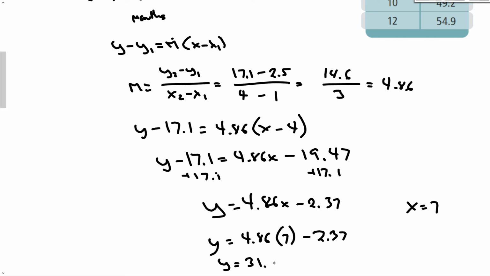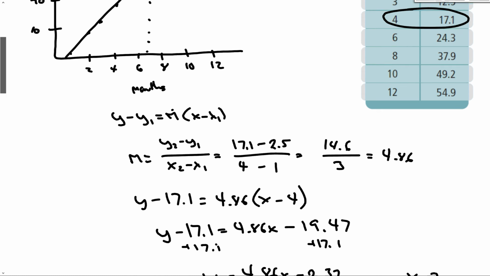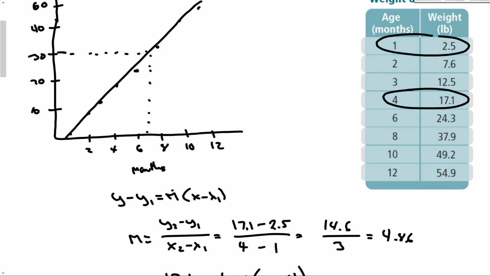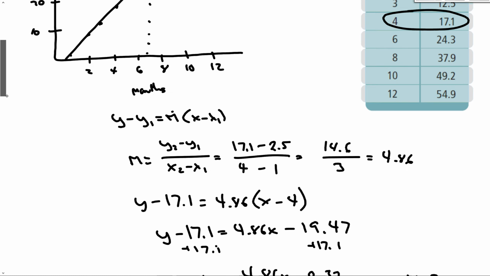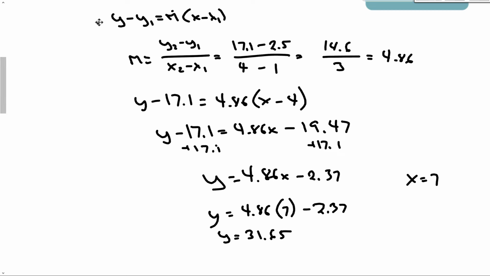Okay, which is kind of how much our graph told us, right about there, right? A little bit above 30. Our graph, not super, super accurate, but good enough here. Okay, so point slope formula: pick 2 points, find the equation, plug in x. Remember that this is an approximation and it will change depending on the slope.